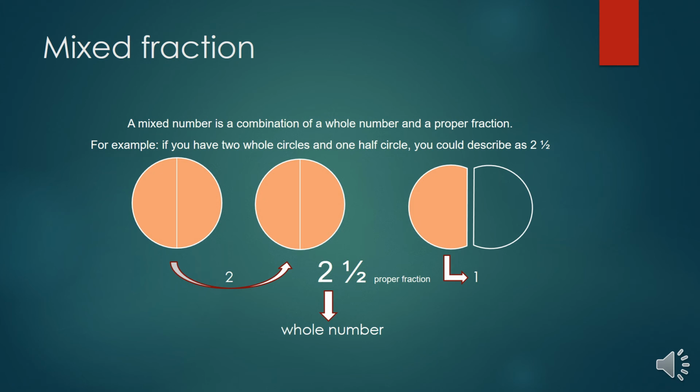From 3 circles, we shade 2 whole circles. That's why 2 is the whole number. Mathematically, we write the whole number at the side, and we shade half of the third circle. That's why the numerator is 1. 2 1/2 is a mixed fraction.